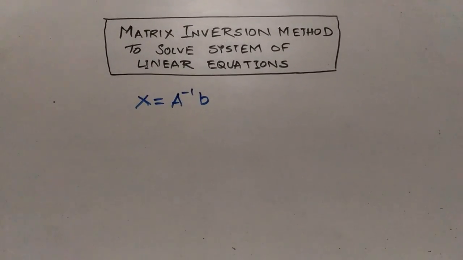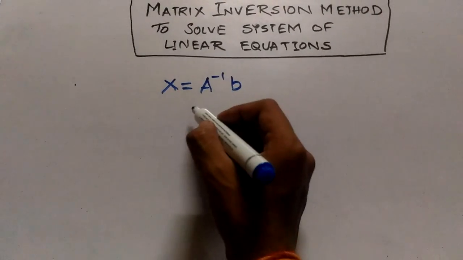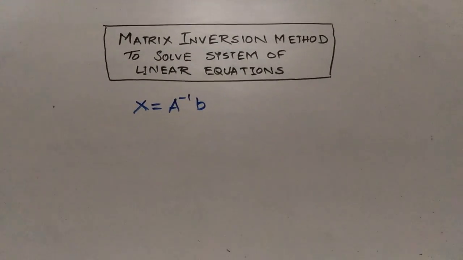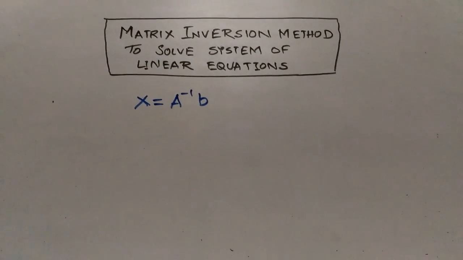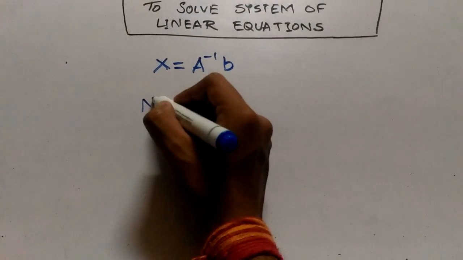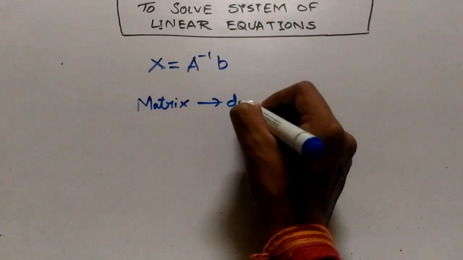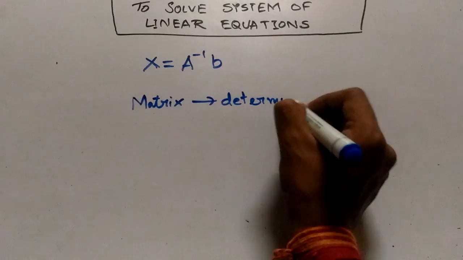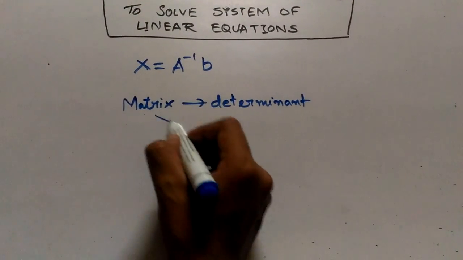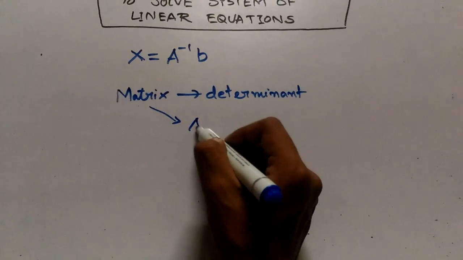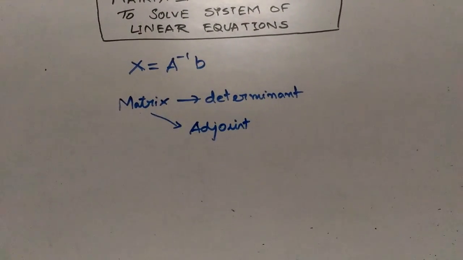Now, how to find the inverse of a matrix? First of all, if a matrix is given, then we need to find its determinant, and then we need to find its adjoint. Now what is adjoint?